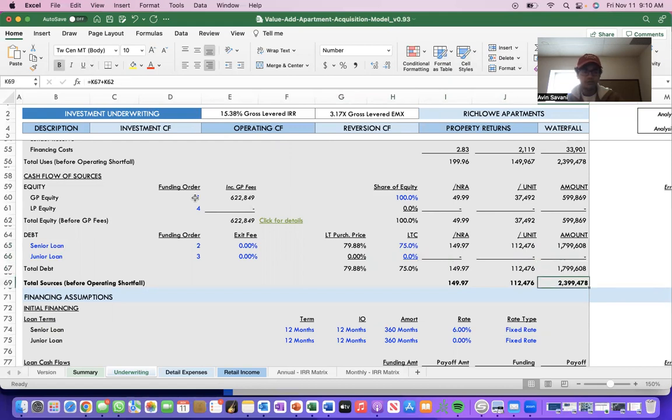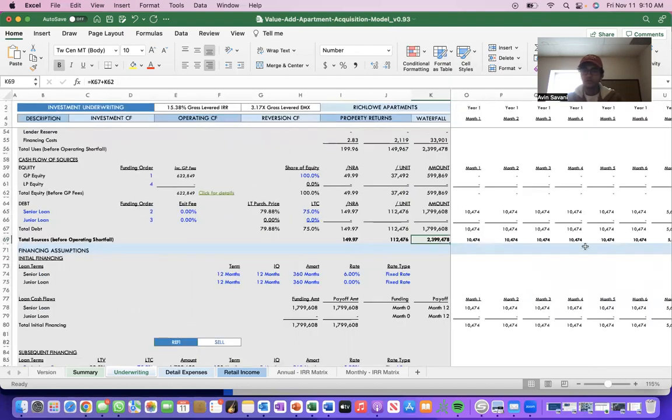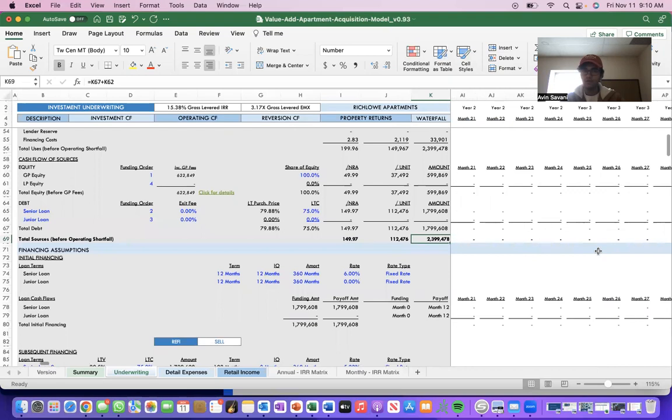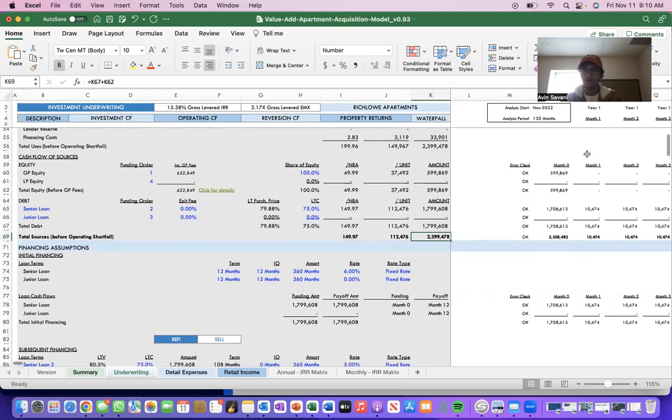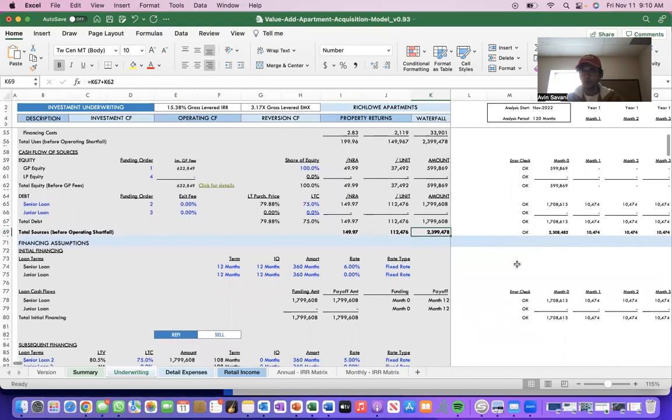Here we have total sources, and if you're also confused what's happening on this right-hand side, this is your projections. So this is literally month by month, year by year projections of all of the cash flows, right? All of the investment cash flows, the operating cash flows, those are all projected for the entire hold period of the project, basically.